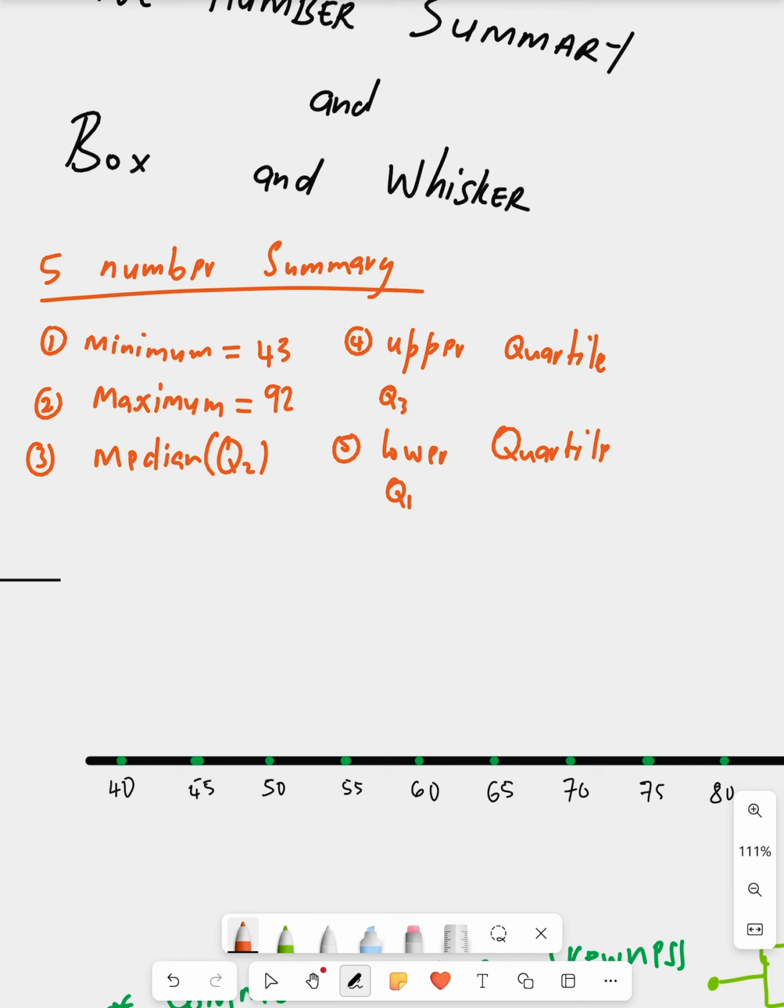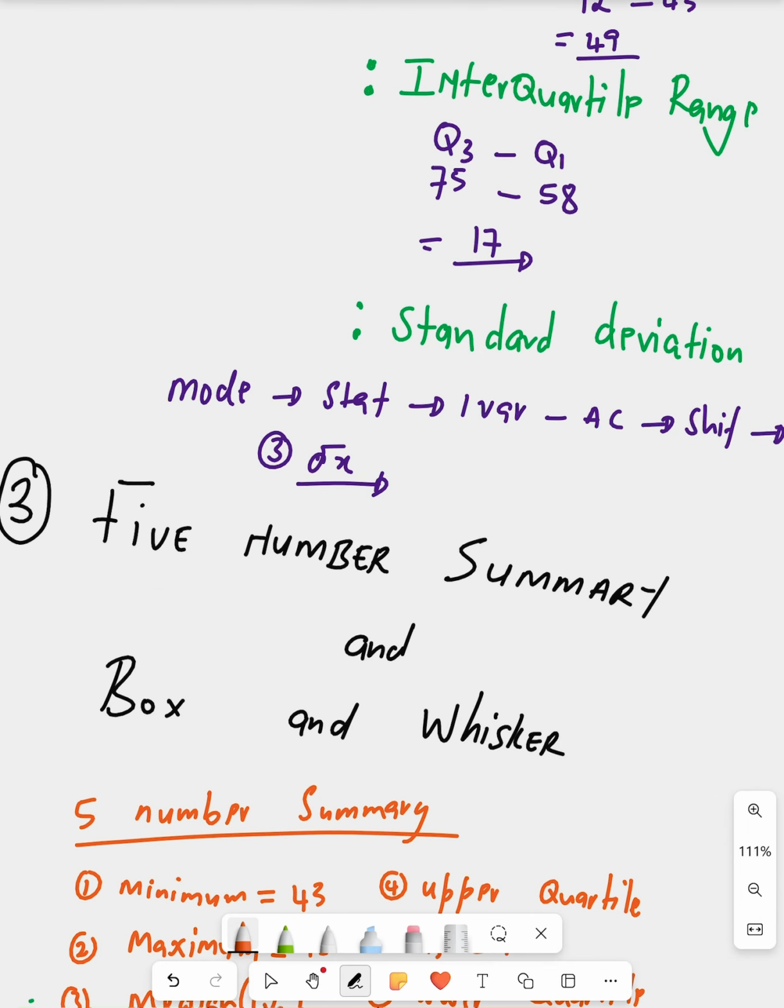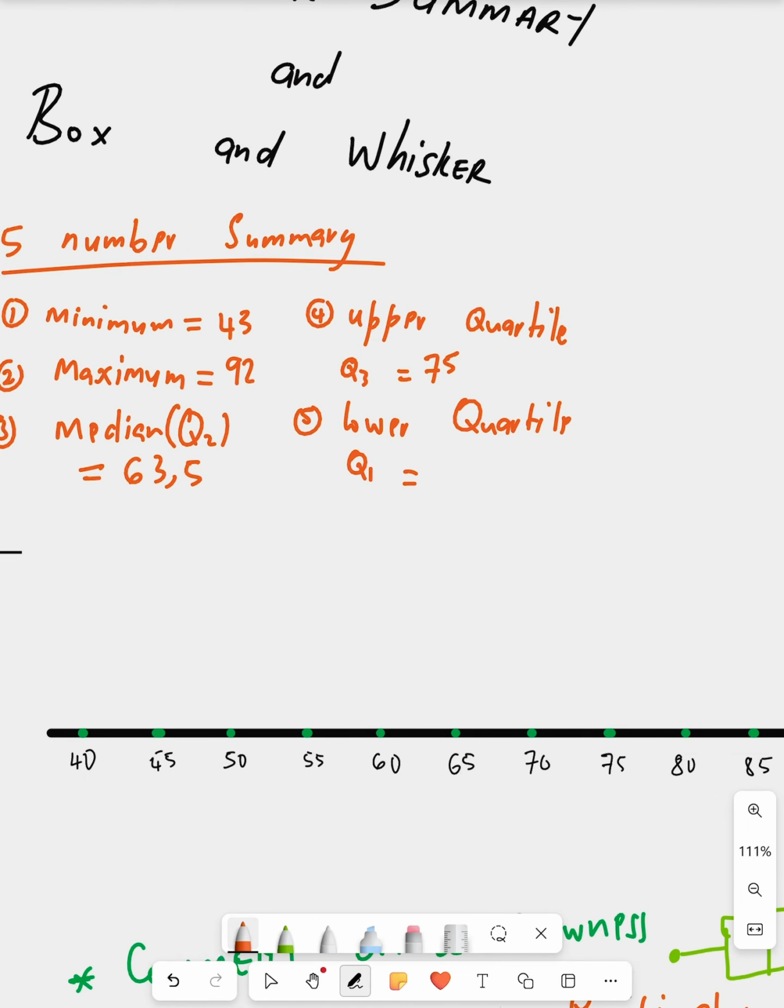We said our median is 63.5, and then our Q3 is 75, and then our Q1 is 58. And then from this 5-number summary, we can draw the box and whisker.